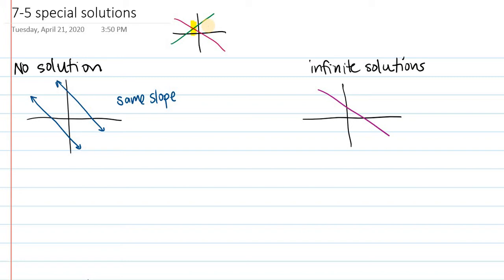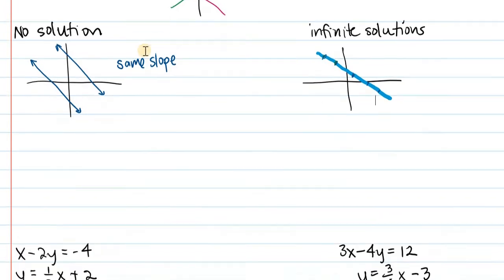So we might have that pink line, but then if we graphed our second equation, we would find out that, oh my gosh, it's the same as the pink line, which means that every single coordinate pair, like this dot and this dot, you can't see those, this dot and this dot and this point and this point and this point, all of those points, every single point is shared between the two equations. So in that case, you have infinite solutions. So let's now take a look at what these things look like in context.